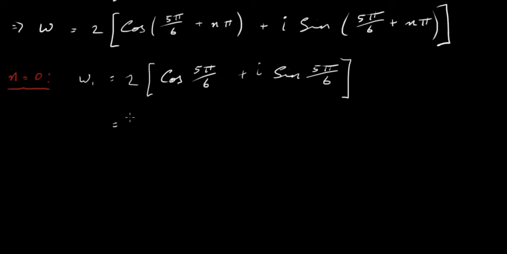So let's just work out what this would be. Our first solution is going to be 2 times, now the cos of 5 pi over 6. Where is 5 pi over 6? Let's have a look at drawing that and see what happens.